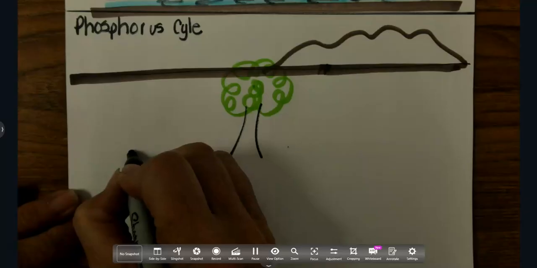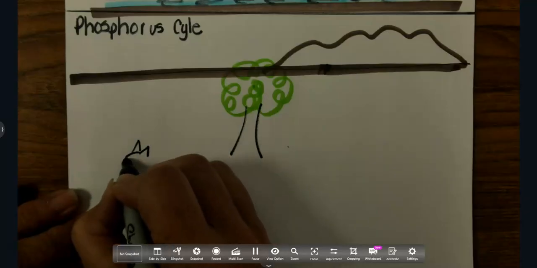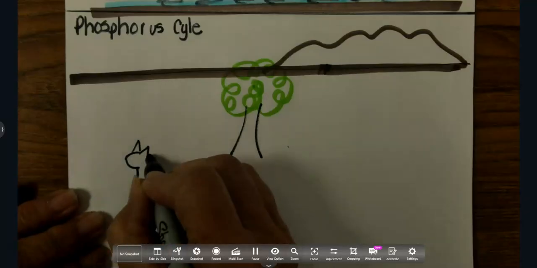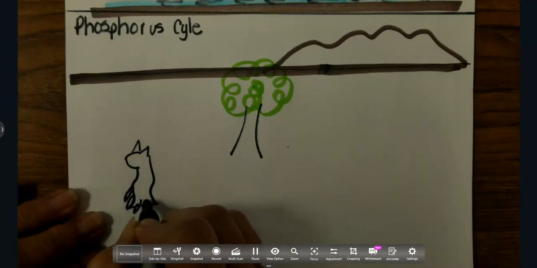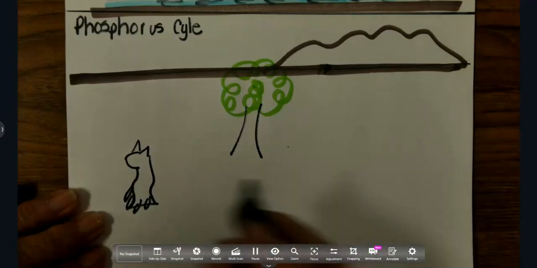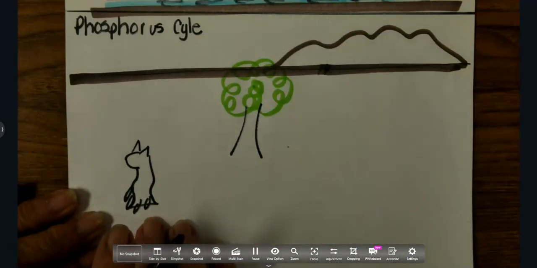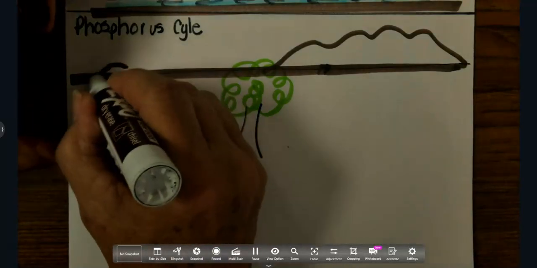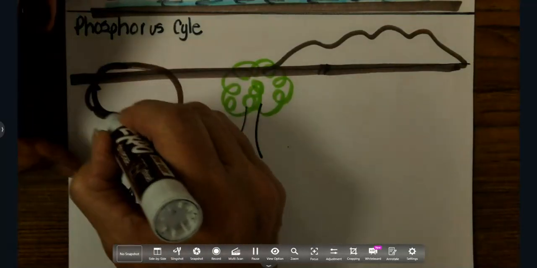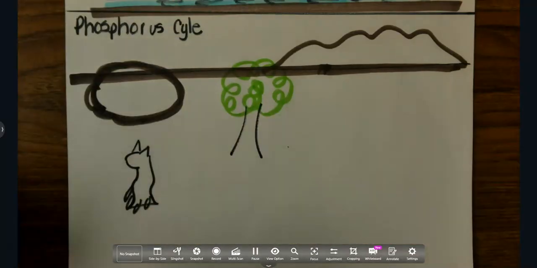I'm going to attempt to draw a fox here. I don't really know what I'm doing, but those are feet. Anyway, there's an animal, so phosphorus is part of that. This is rock. I'm going to kind of start with that.